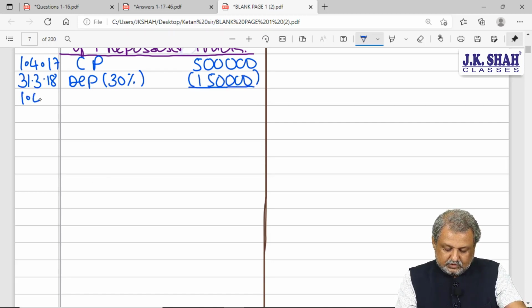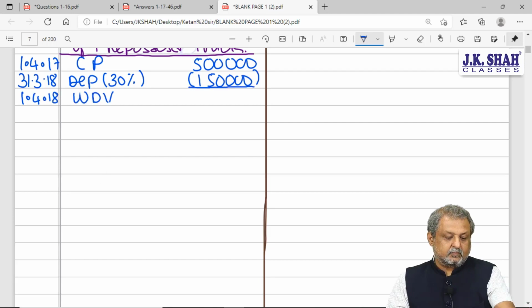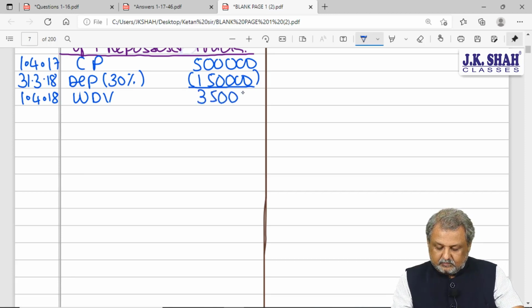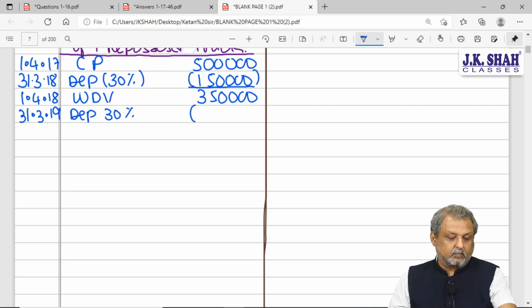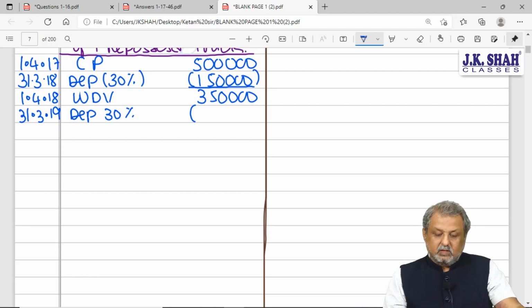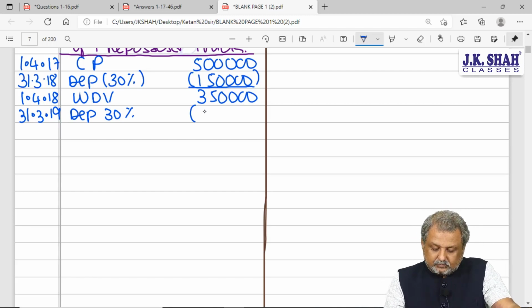So 1st April 18 WD 3 lakh 50. Then 31st March 19, depreciation 30%, 1 lakh 5,000.